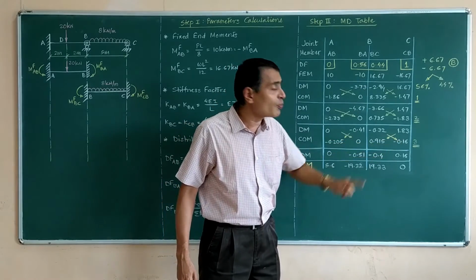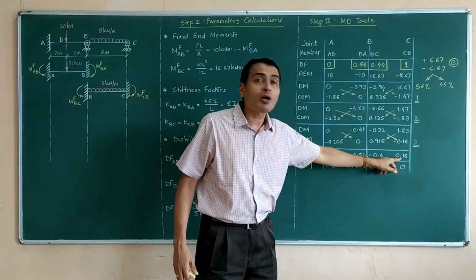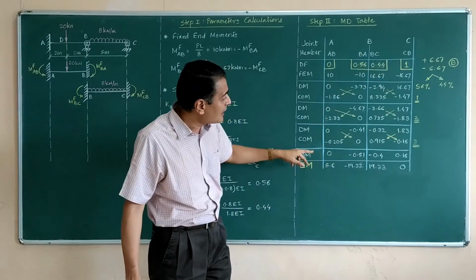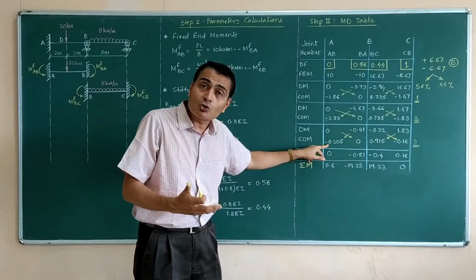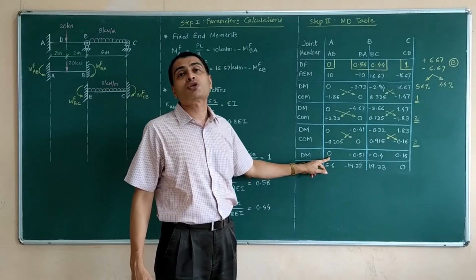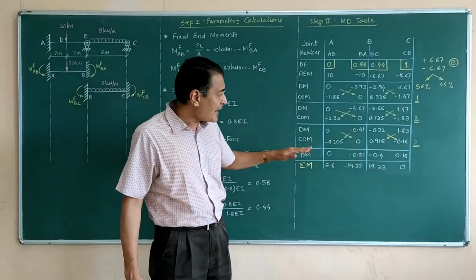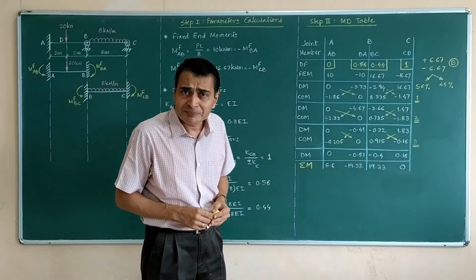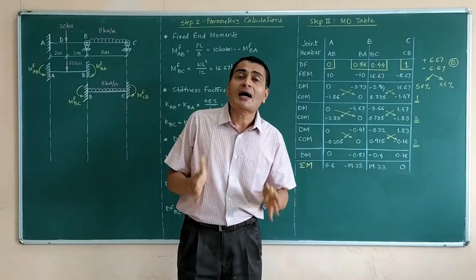This is negative 0.16, so I apply positive 0.16. It is absorbed fully by that member CB because distribution factor is 1. And this is negative 0.205, so I apply 0.205, however distribution factor is 0, I get 0.